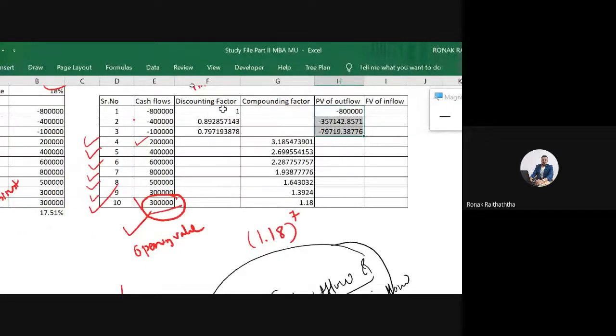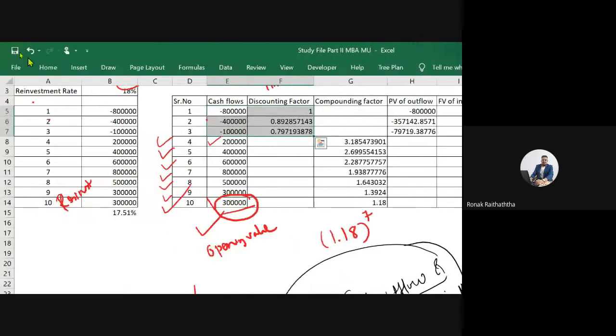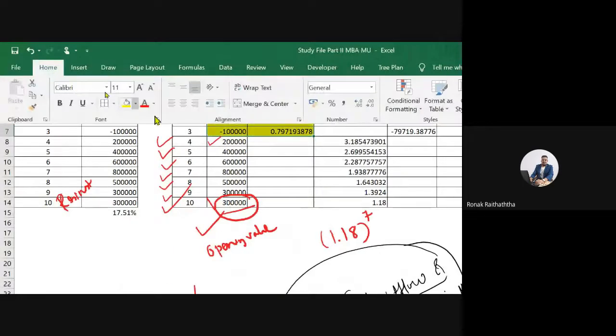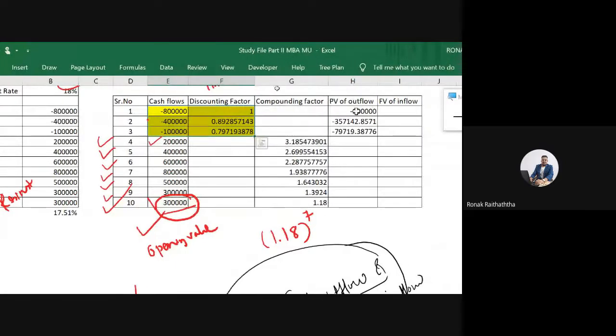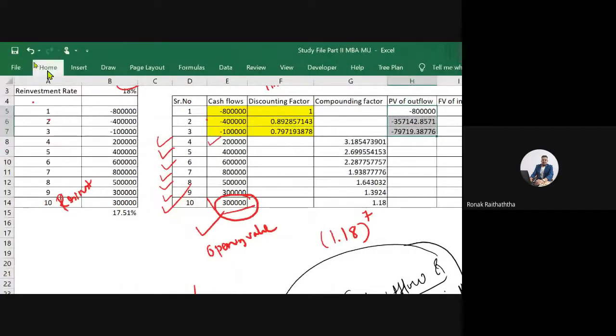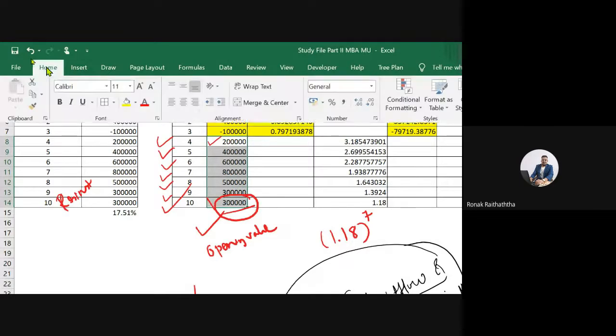PV of outflow is multiplying the discounting factor and outflows. Let me give a different color so that you will be able to get it. So it's this multiplication. Similarly, this will be multiplied with the compounding factor. So we get the future values.